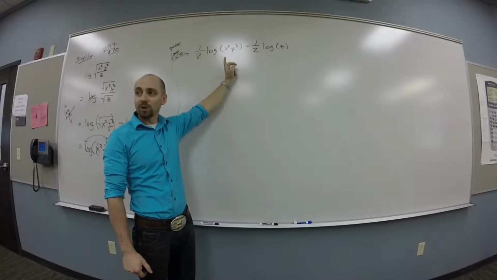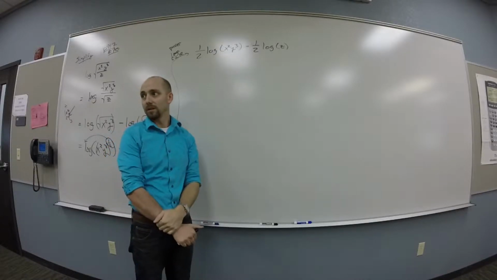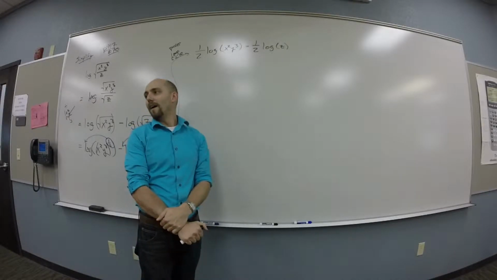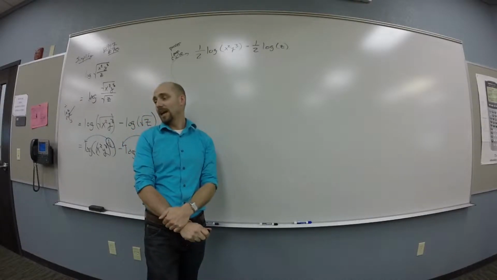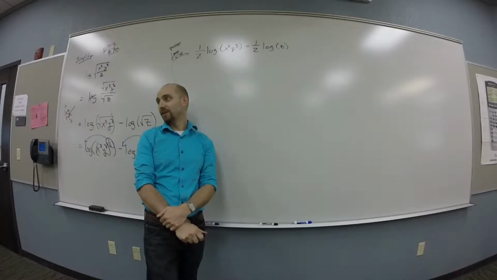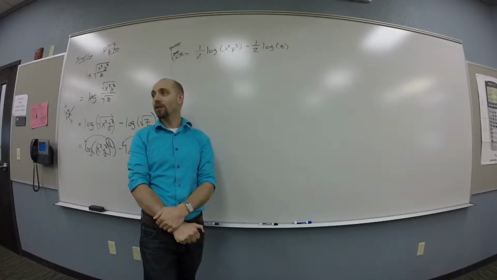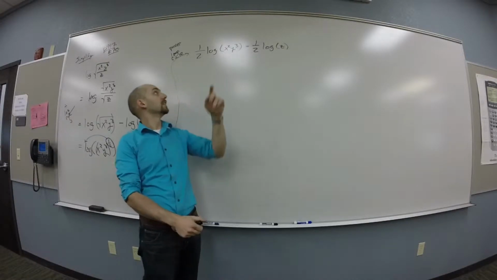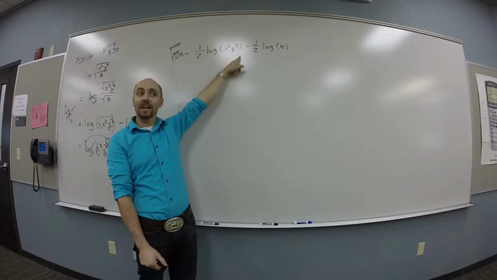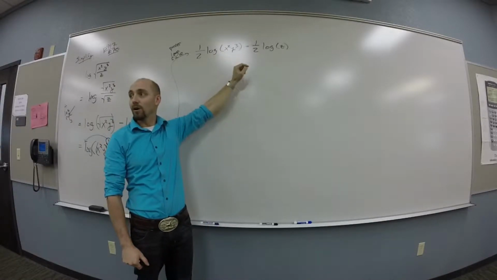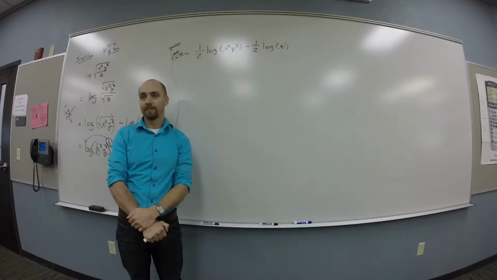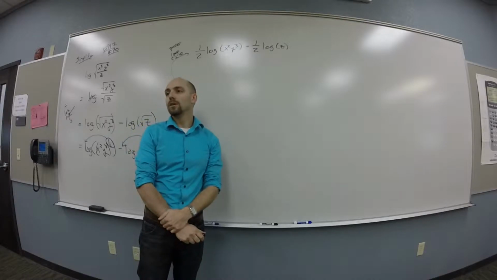Which one do I have to do first? I have to do the multiplication rule first, because the power rule only works when all the stuff inside the parentheses is to a power. This is half the stuff to the second and half the stuff to the third. I don't know which one to take out front.